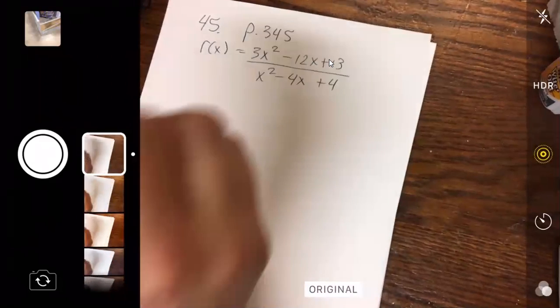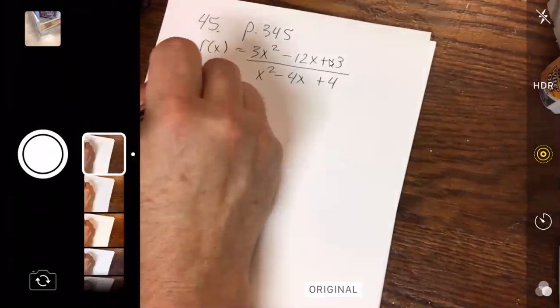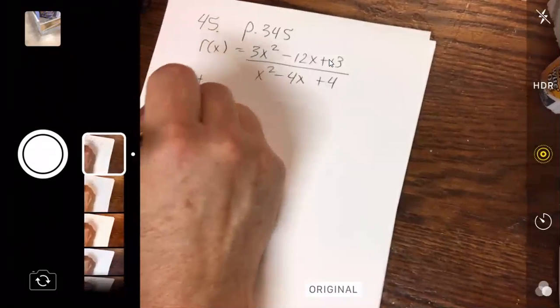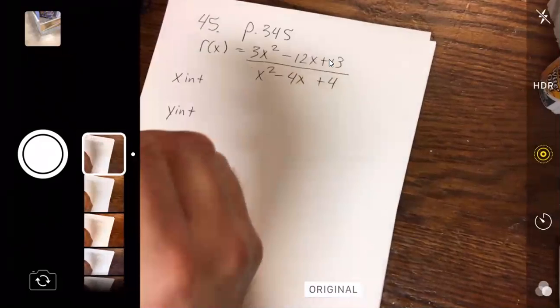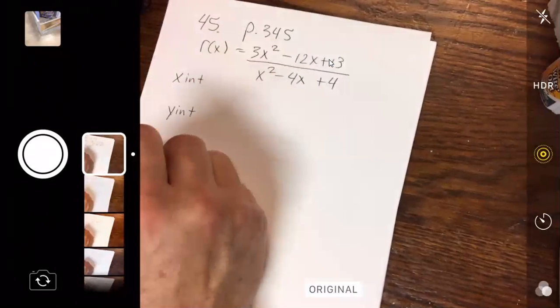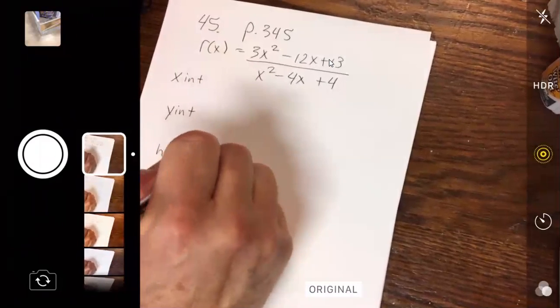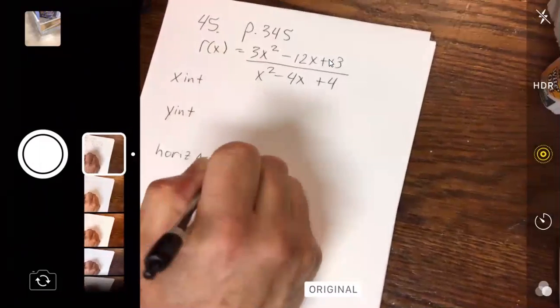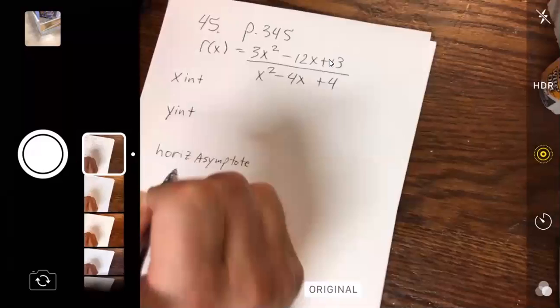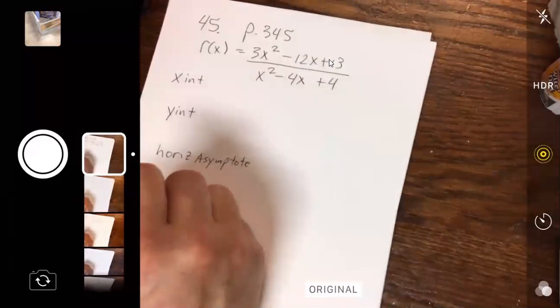All right, they want intercepts, so x-intercept, y-intercept. They want asymptotes, so horizontal asymptote. Some of these are really easy, some of these a little more work. Vertical asymptote.